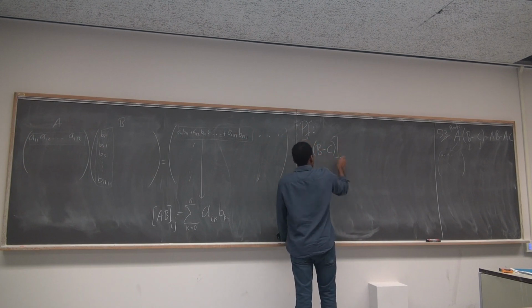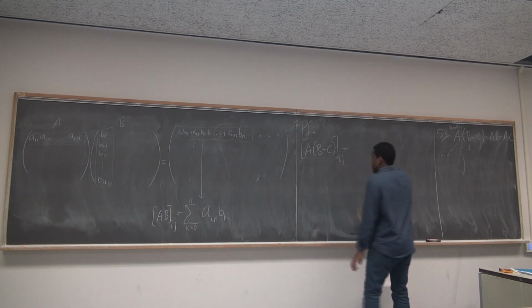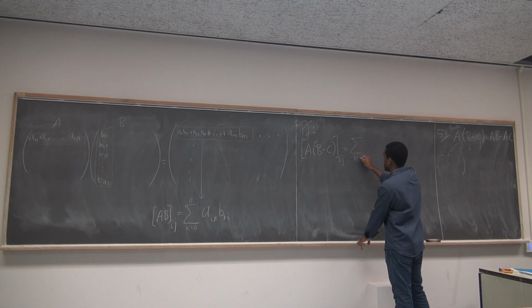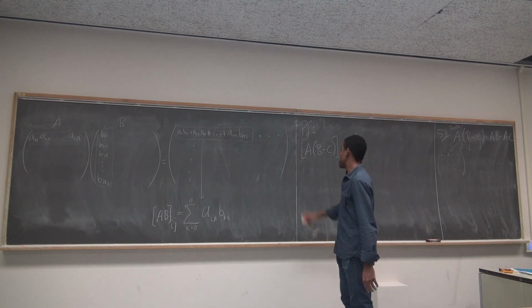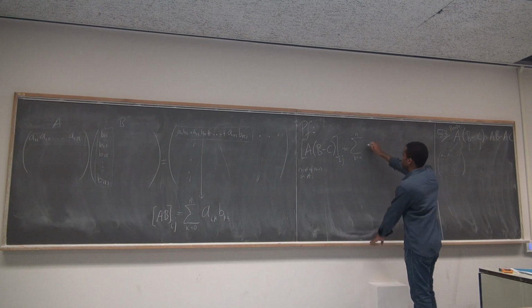So let's do this notation. What is the ij element of this matrix? Well, that's just going to be the sum of k goes from 0 up to n, I'm assuming n is the number of rows in A, of the a_ik times b_kj minus c_kj.